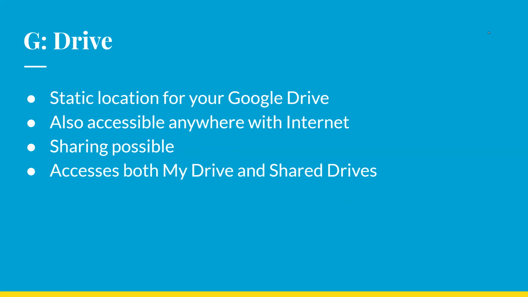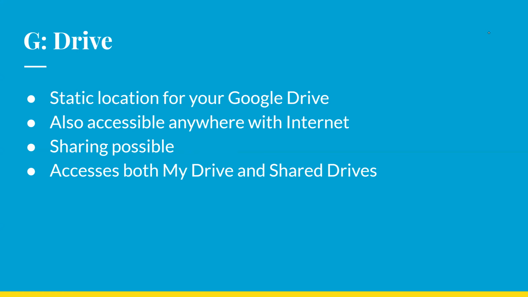Now the G drive is where people get confused. And I'm glad I did this session about 3 hours ago because it helped me with some of the vocabulary. Really, G drive is a static location of your Google Drive. It's the same stuff. It's a pointer instead. Normally you would think of a drive as this solid thing. It's not.